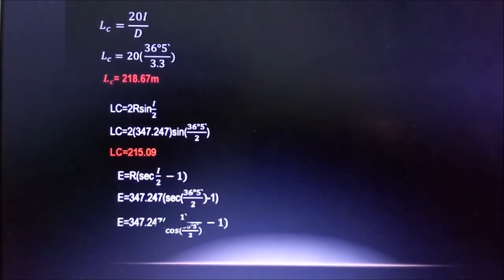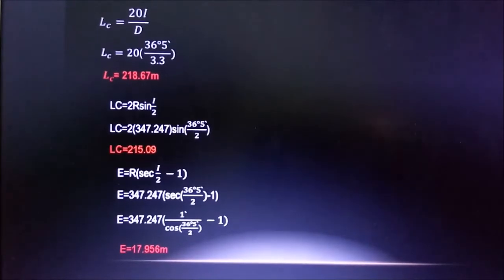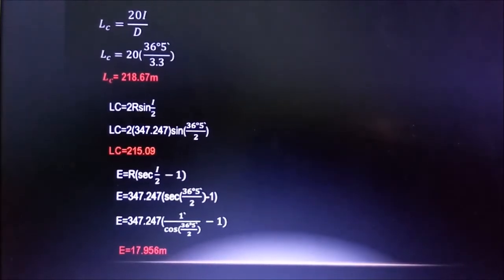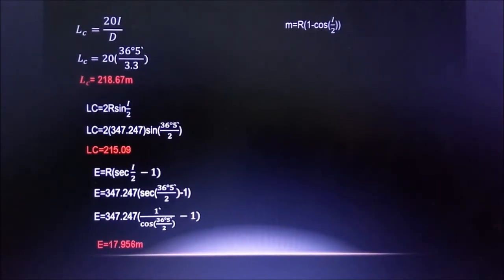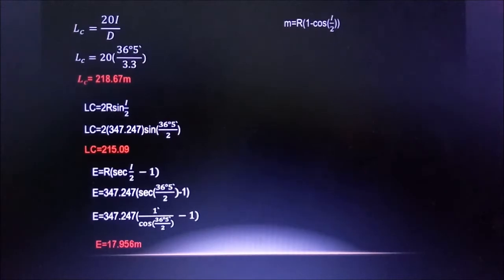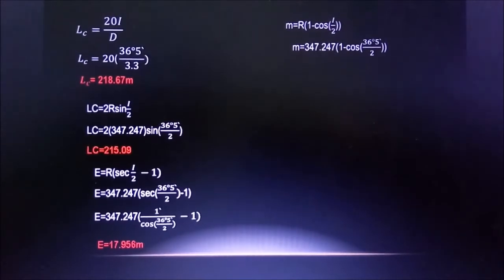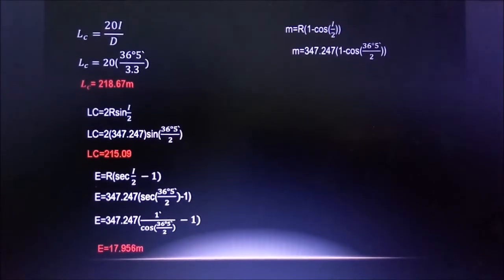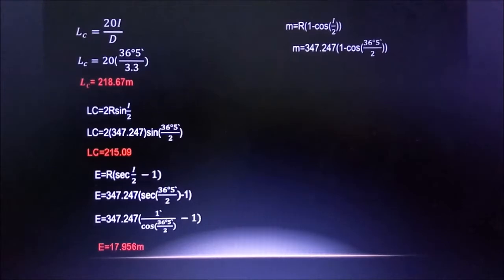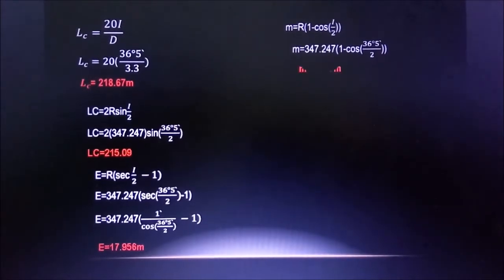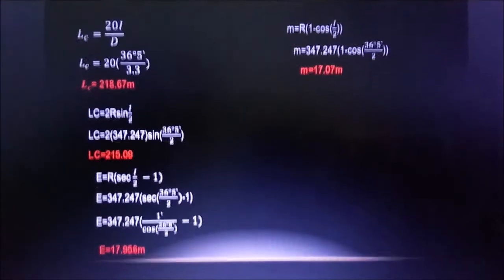The external distance is 17.956 meters. So M equals R times 1 minus cosine I over 2. M is equal to 347.247 times 1 minus cosine 36 degrees 5 minutes over 2. So the answer is 17.07 meters.